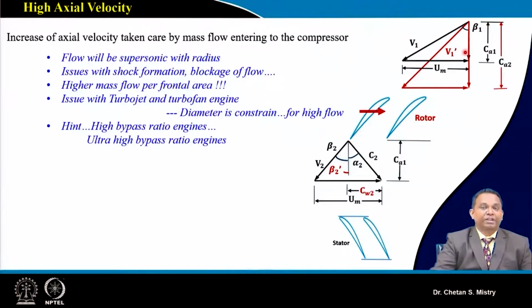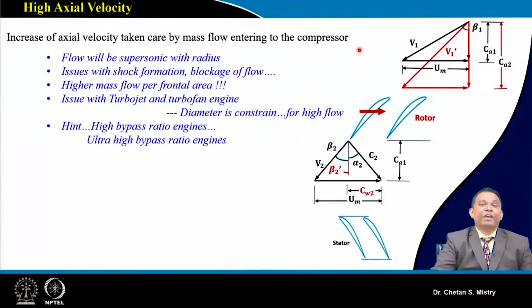That means again my flow will be subjected to supersonic condition. So the flow will be supersonic with the radius. It gives problems in the sense of shock formation and blockage of the flow; all those difficulties will come into the picture. Now, as we discussed, we need to find a solution for this problem.